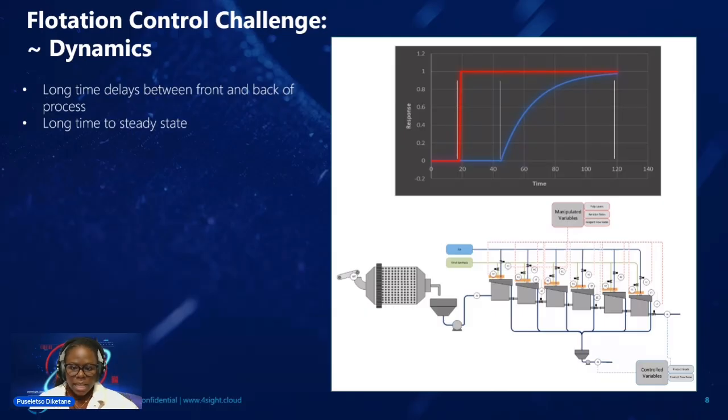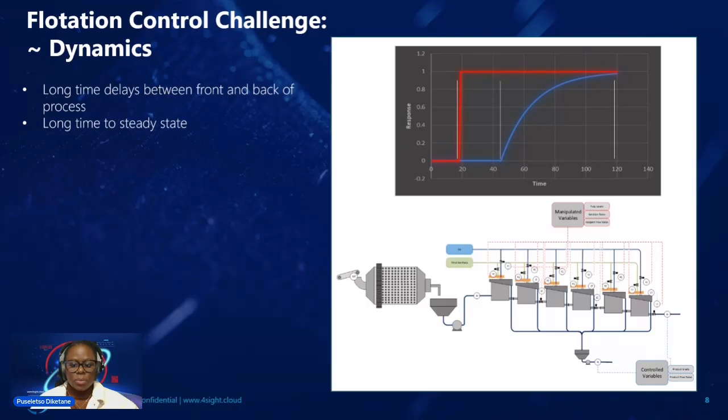Now, another challenge with regards to the dynamics in the flotation circuit that we often see in our processes relates to the large amounts of material that we are processing within our flotation circuit, when we already have large volumes in terms of the physical capacity of your flotation cells.